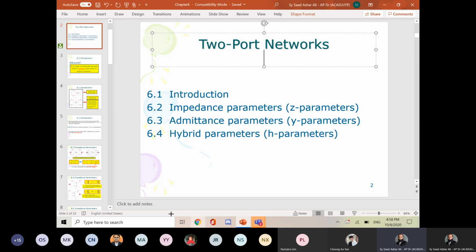All right. Any question? Yes, Nazirul. Yes, for the Fourier transform tutorial, okay.